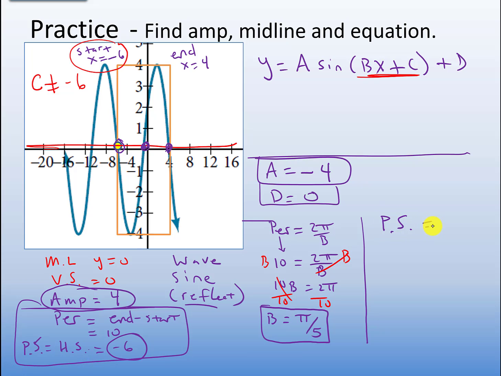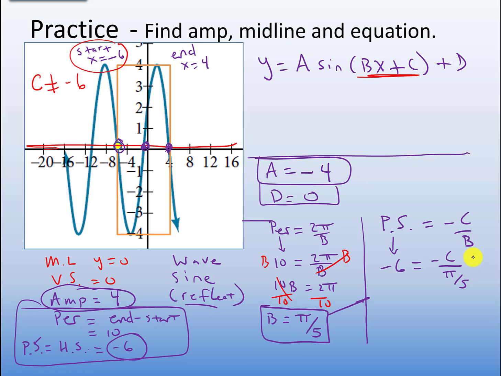Phase shift or horizontal shift equals -C over B. And the window tells me I start at -6. The formula said -C over B, and B I calculated over here, so I'm plugging that one in. Now I need to get C by itself.